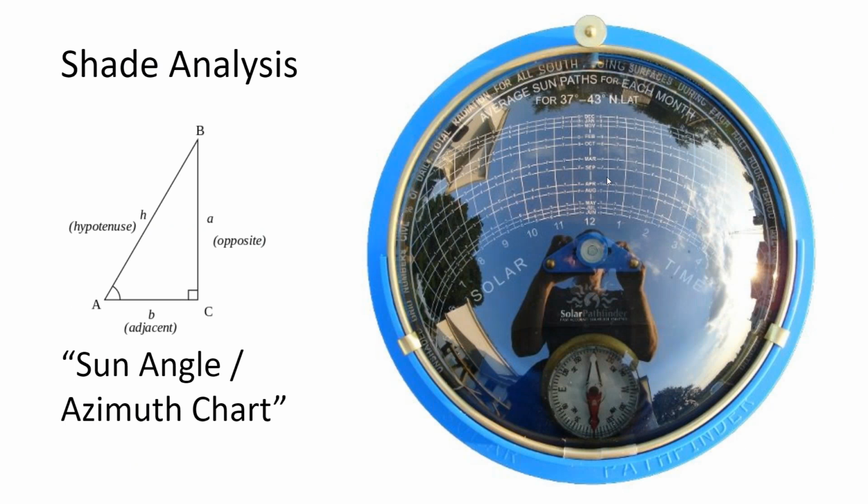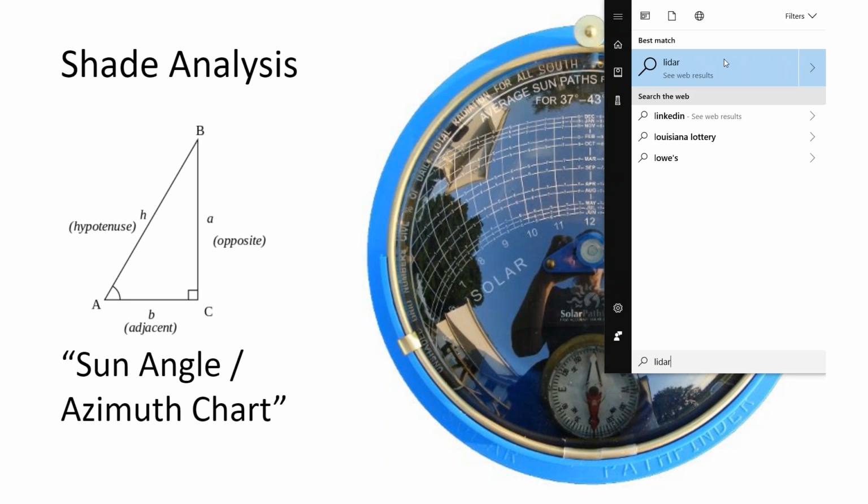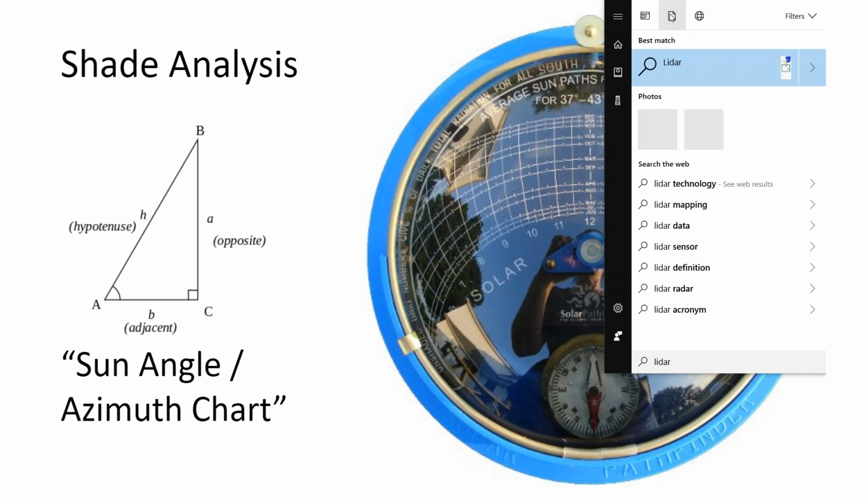There is some shade analysis, although many rooftops are not shaded. I generally do shade analysis with 3D modeling using design software. It's not always available, but let me see if I can pull up a picture here.